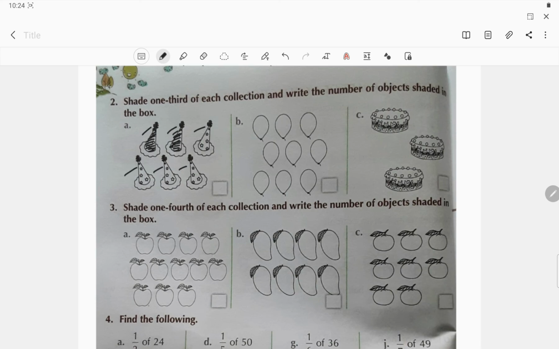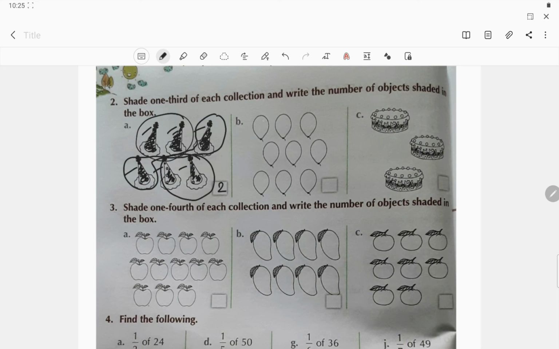If you divide into groups of 2, make each portion a group. You can make another group and another group. So each group contains 2. Your answer will be 2.